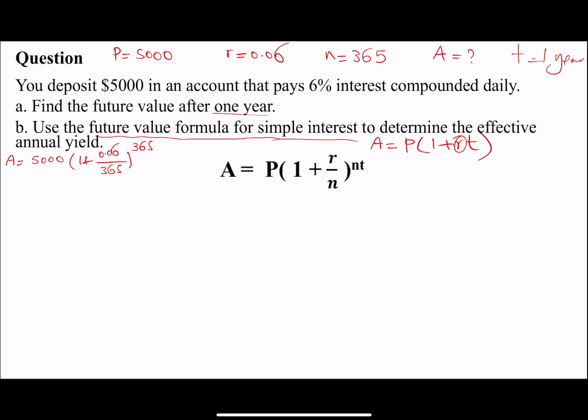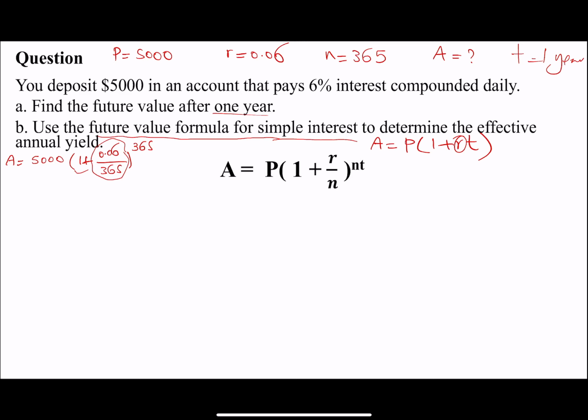First, I find this ratio, so use your calculator. 0.06 divided by 365, whatever it is, added to 1, and the result to the power of 365.